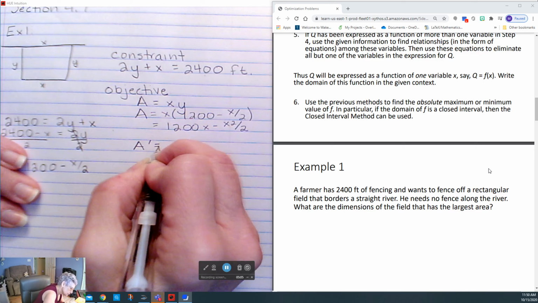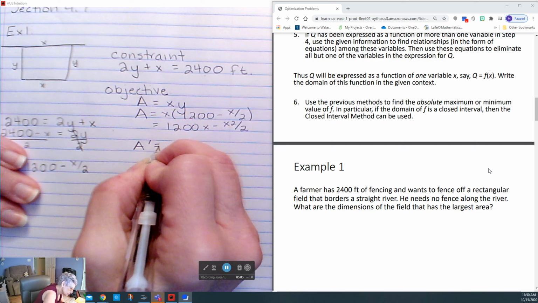So 2,400 is equal to 2y plus x. And just because I'm a fan of the x, I'm going to write everything with x's in it. So y is equal to 1,200 minus x over 2.